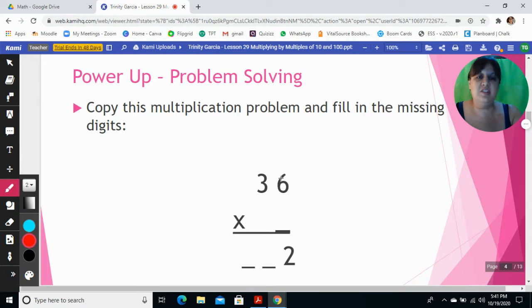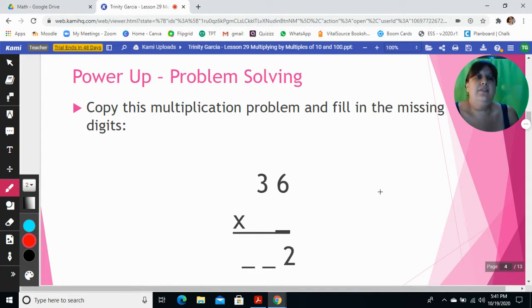I would suggest that you first start by looking at the multiples of 6, because we're multiplying by 6, right? So the common multiples of 6 are 6, 12, 18, 24, 36, 48, 54.